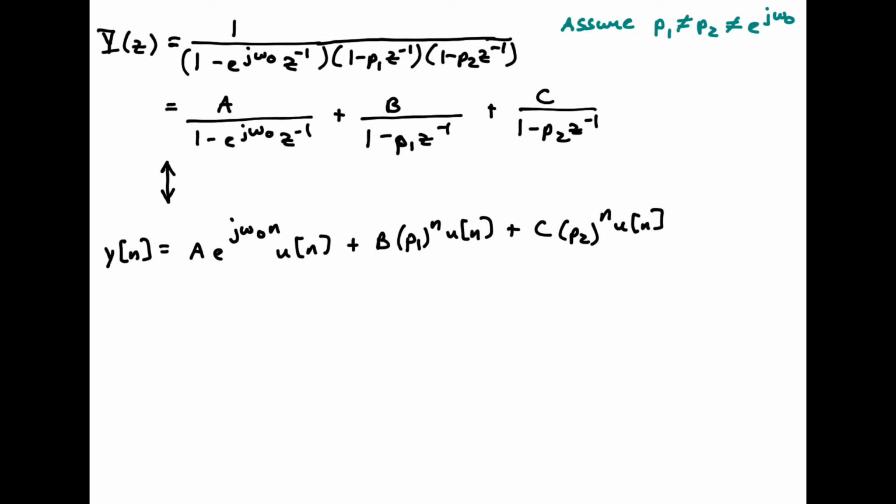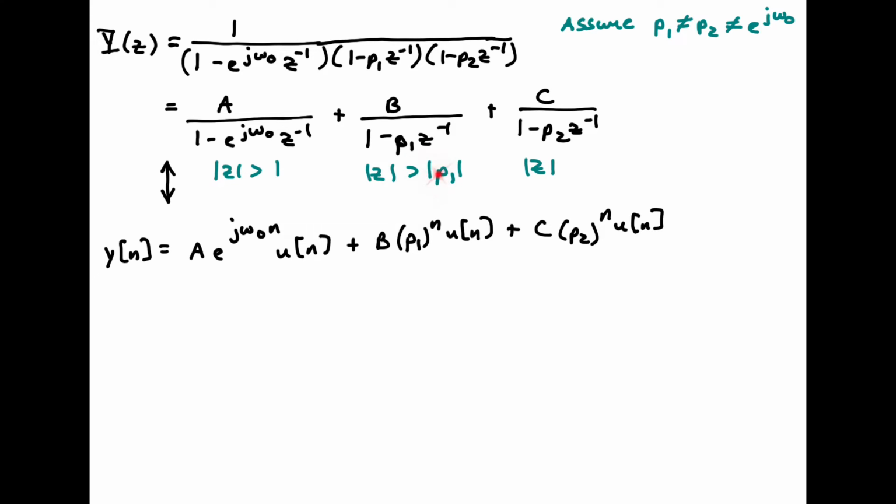Okay, so now we solved for the a, b, and c coefficients, and now we just have to inverse transform each of these terms, keeping in mind the regions of convergence that we developed before. The region of convergence associated with each of these terms is, in this case, |z| greater than 1.